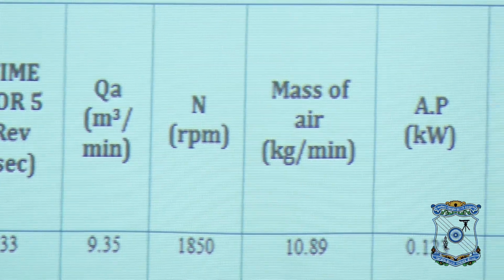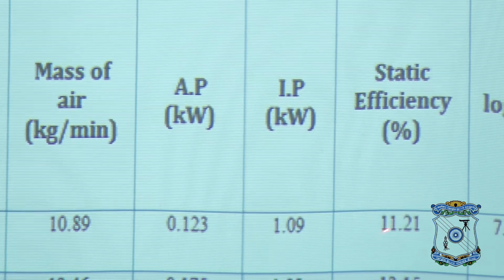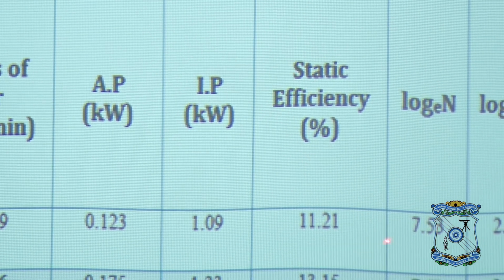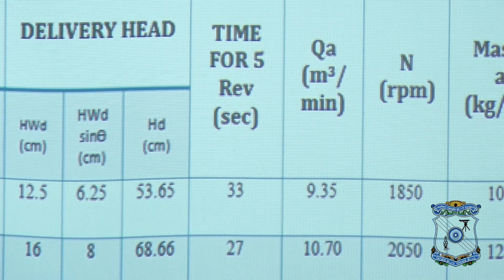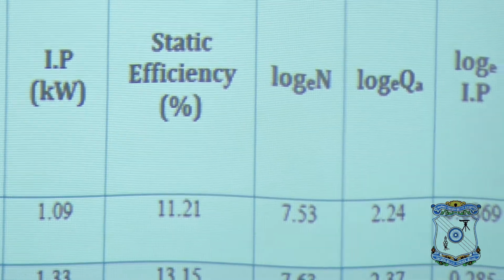Like mass of the air, then air power, then input power and static efficiency. All these we are going to find out, and initially the discharge of the air. Apart from this, we are going to verify the Fan's law. So what does Fan's law say?